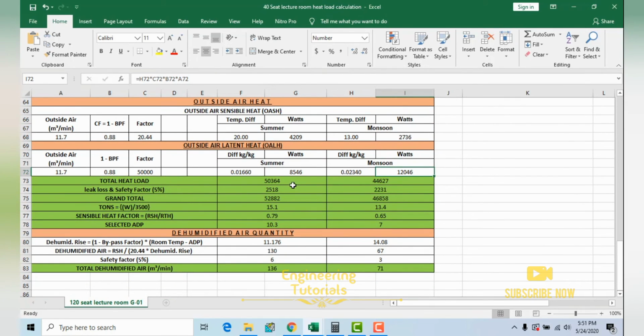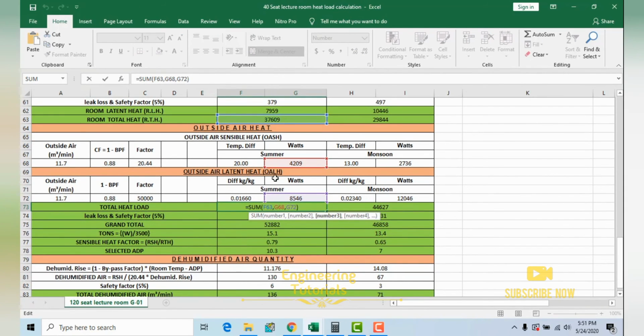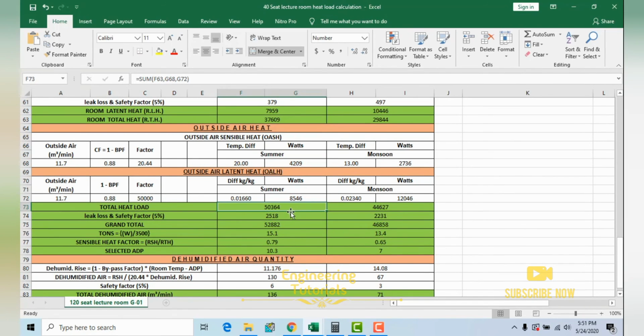So total heat load is calculated as here for summer is 50,000, for monsoon is 44,600. So total is the sum of this room total heat plus heat load due to the outside air for sensible and latent. This is the total heat load.